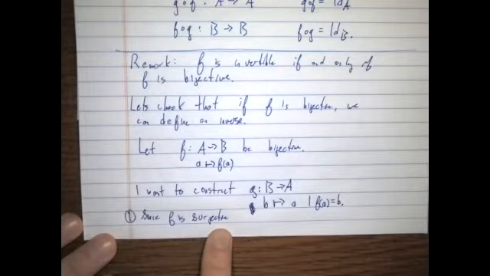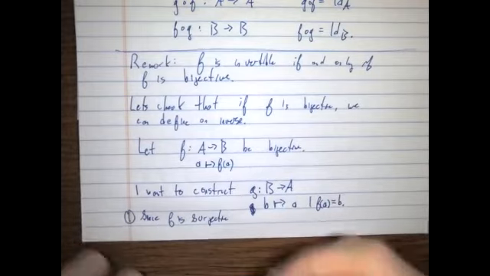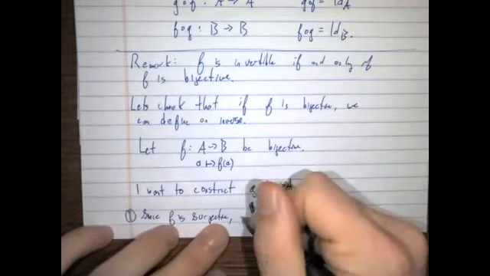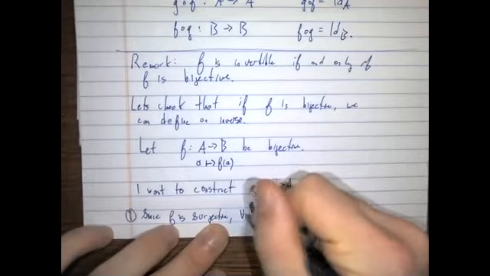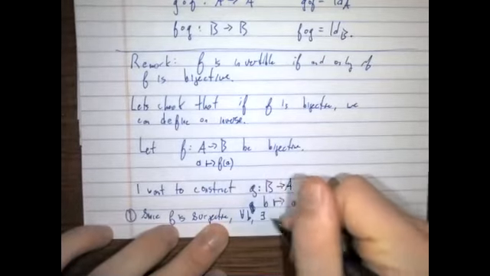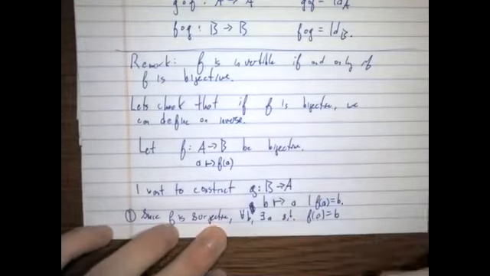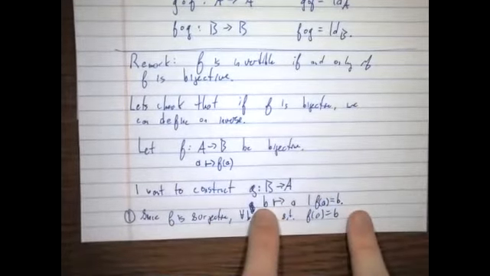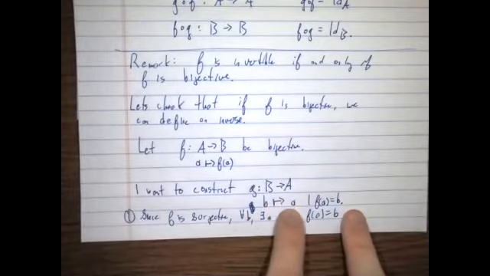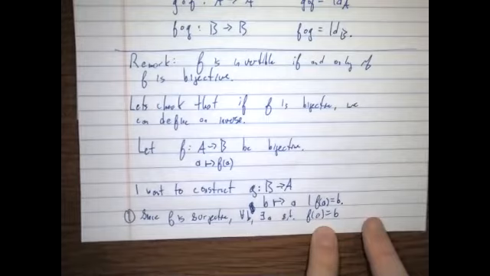All B have an f of A that correspond to them? Exactly. Since f is surjective, I know that for all B, there exists an A such that f of A is equal to B. So I at least know that trying to send B to the collection of elements that hit it is a non-empty set.